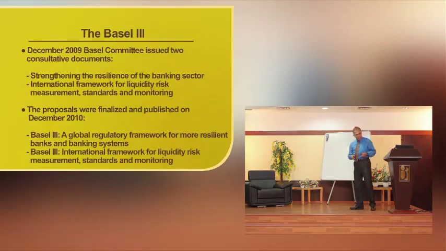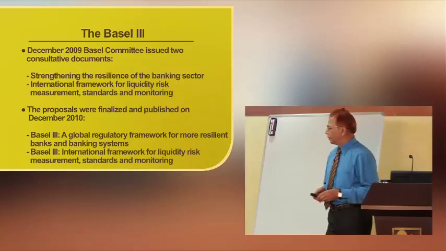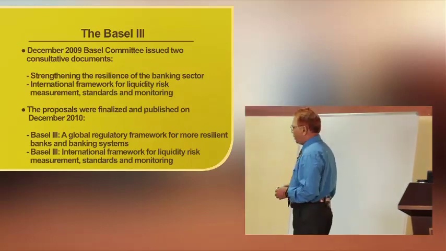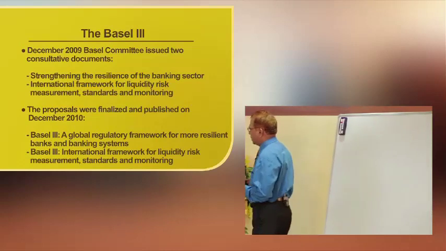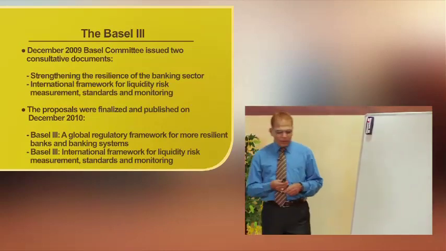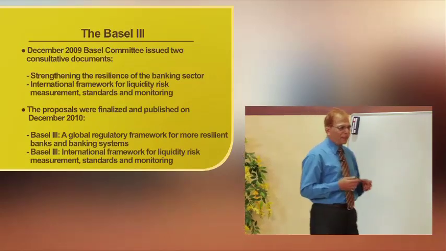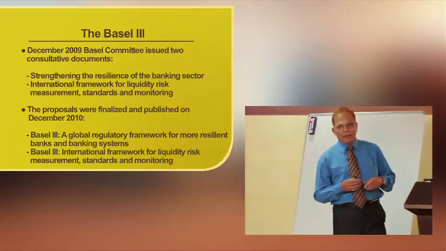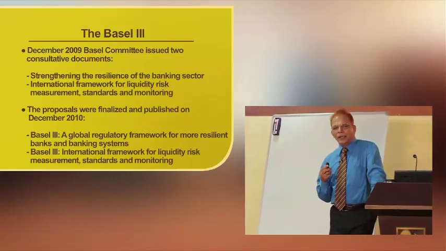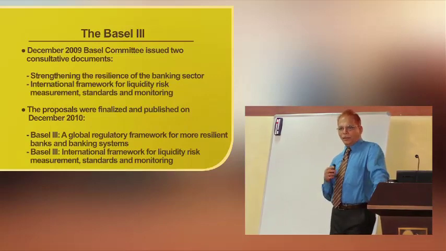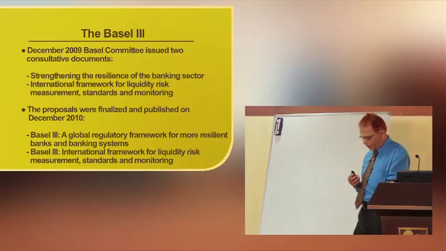Now let us talk about Basel 3. One of the reasons for the crisis was that banks did not have enough capital. It was the quantity of capital, and also an important factor was the quality of the capital.